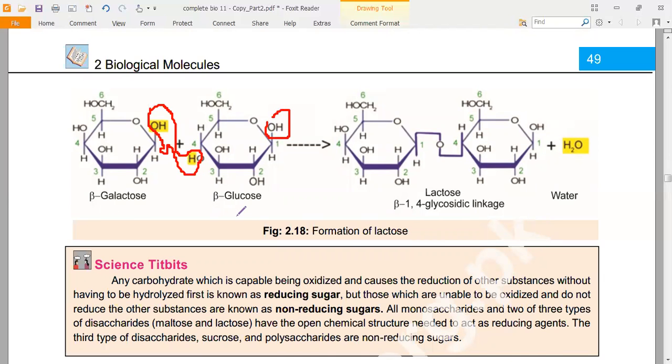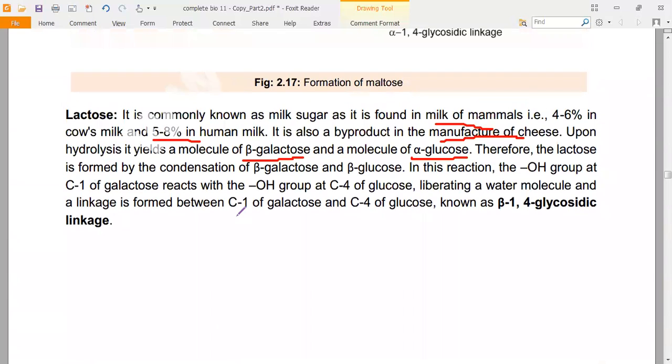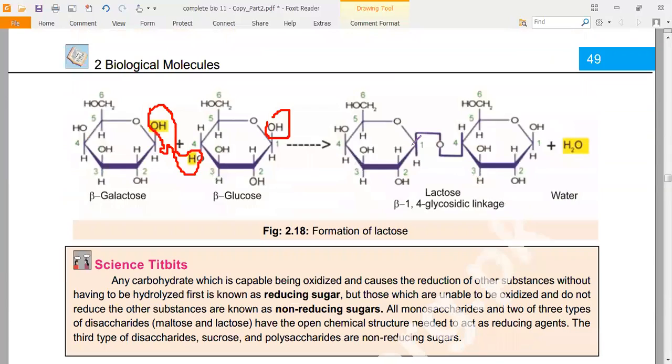So both are beta glucose. Actually, there is a mistake in the book here. So they also form a 1,4 glycosidic linkage, and water is removed.